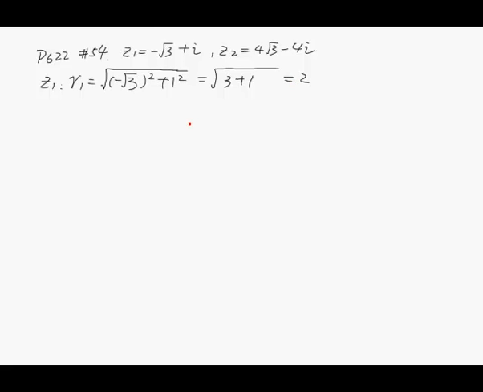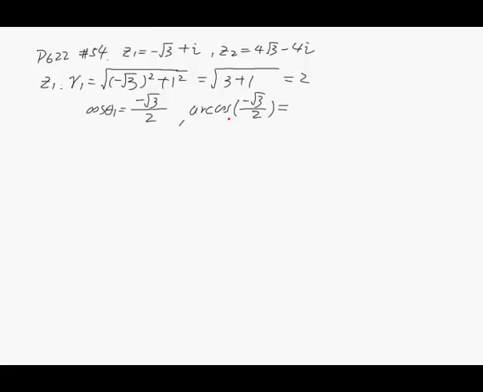Then let's get the argument of this complex number. Cosine theta 1 is equal to the real part over the modulus, negative root of 3 over 2. So let's first get the arc cosine of negative root of 3 over 2.